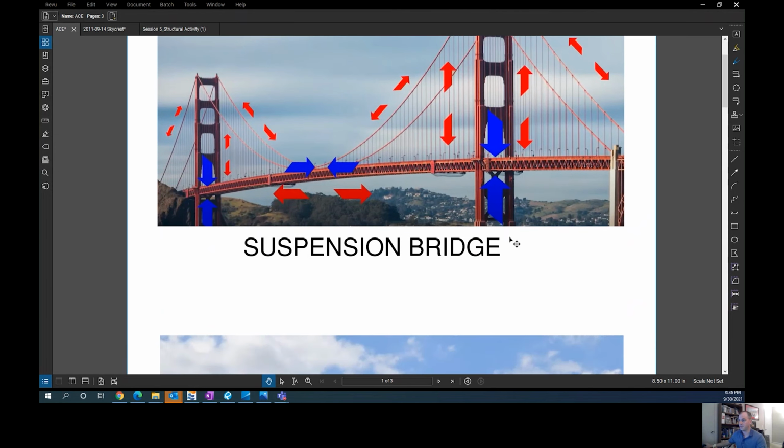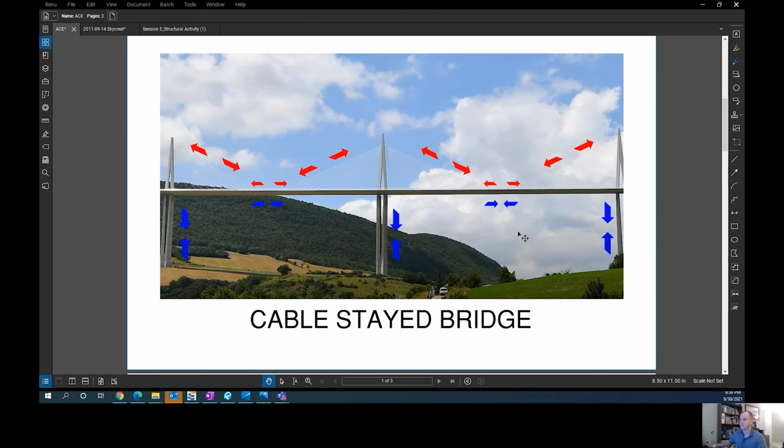The second bridge we looked at was the cable-stayed bridge. The cable-stayed bridge is similar to the suspension bridge in that all of the tension is carried by those cables. Those cables are strung back to the vertical piers, which again are your primary compression elements, shown here in blue.